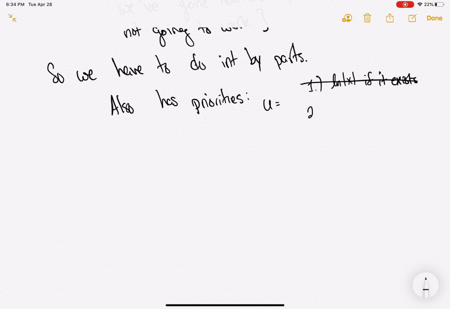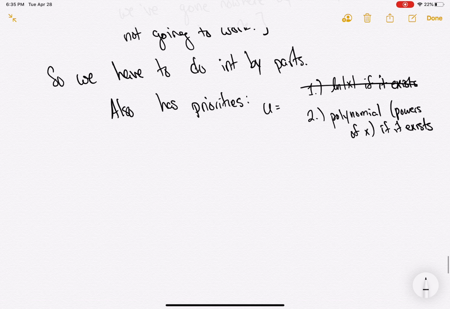It does not. Then the second choice is a polynomial, so powers of x, if it exists. And it does.